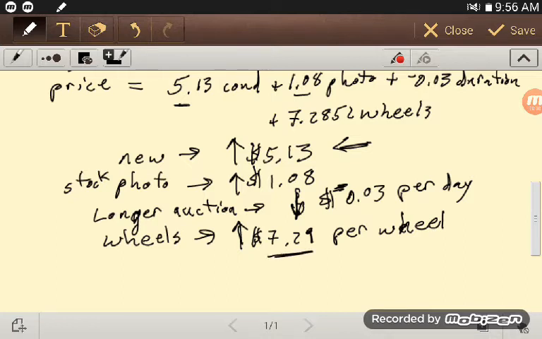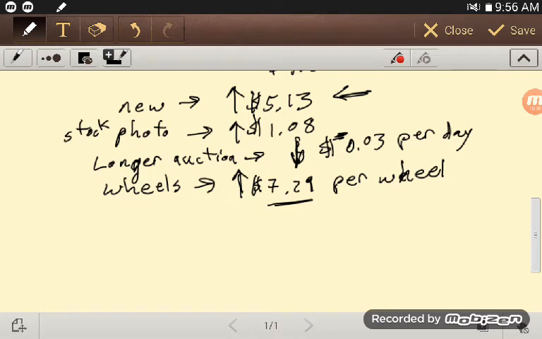I mean, wow, $7.29. Now, beyond that, if we look at the standard errors, I'm going to write those numbers again. So 5.13, 1.08, minus 0.03, and 7.29.